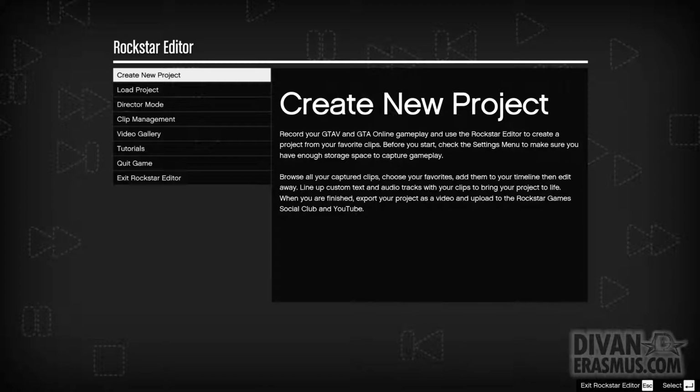So now on the third part we're doing the actual creating the new project. Clip management is only there for you to know where your clips are and what clips you have recorded. So if you're not sure if you have a specific important clip recorded, you can go into your clip management, which is the fourth option from the first option, which is create new project.